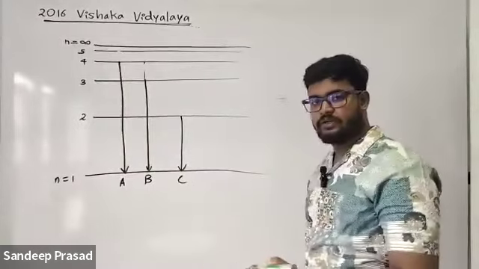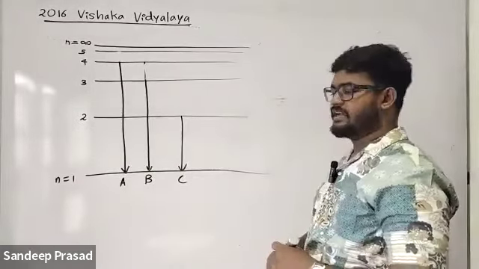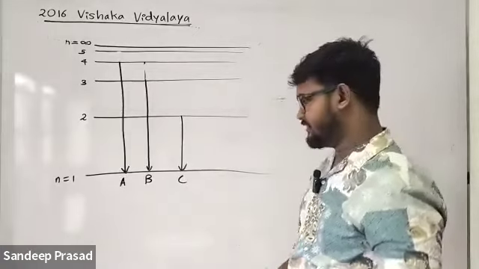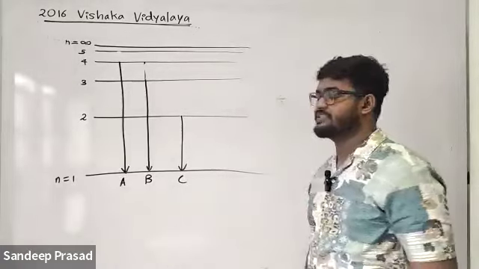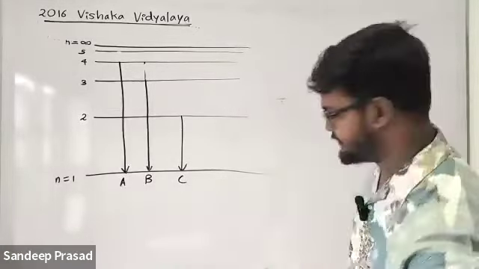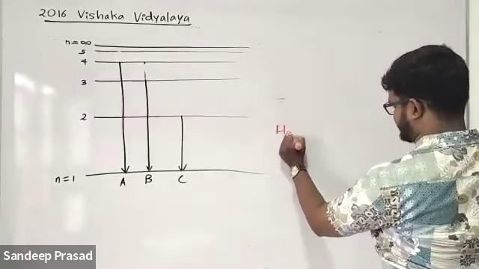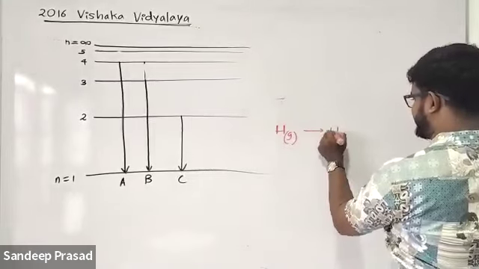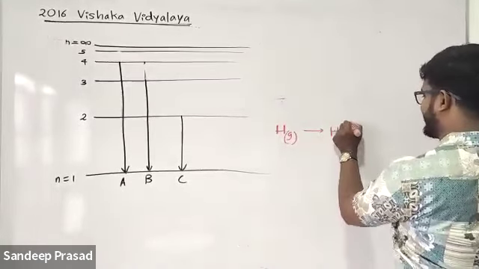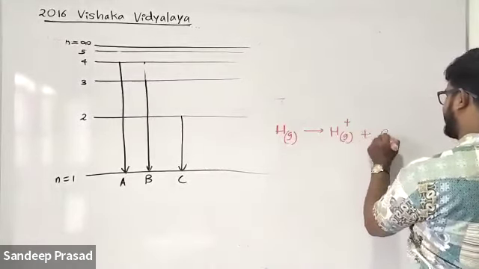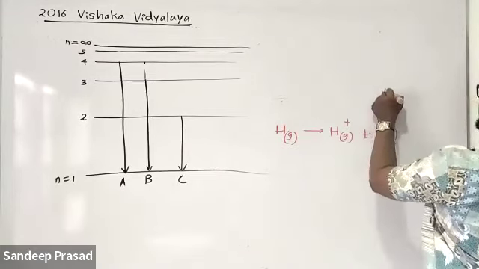Now they are asking to draw the energy level diagram, the electron transition that corresponds to the ionization energy of hydrogen, right? If you consider a gaseous hydrogen atom, it releases its one and only electron, and this electron goes to the infinity level.